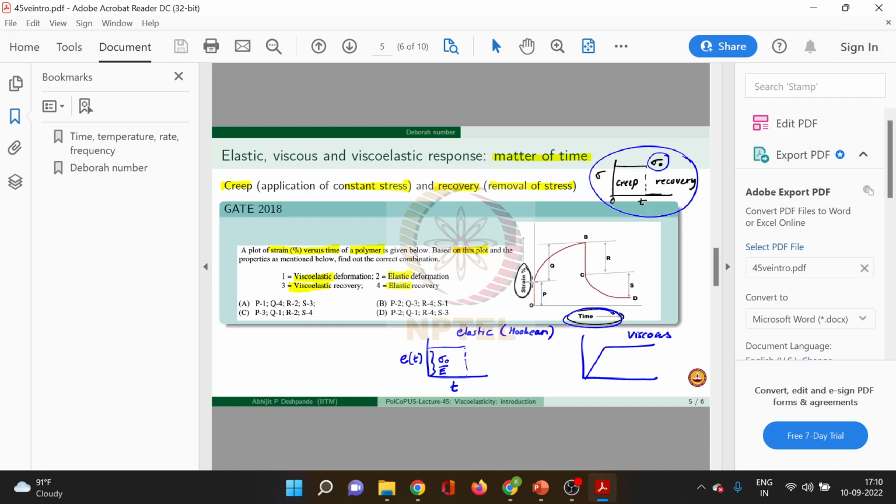This is followed by a viscoelastic deformation, which is kind of curved.